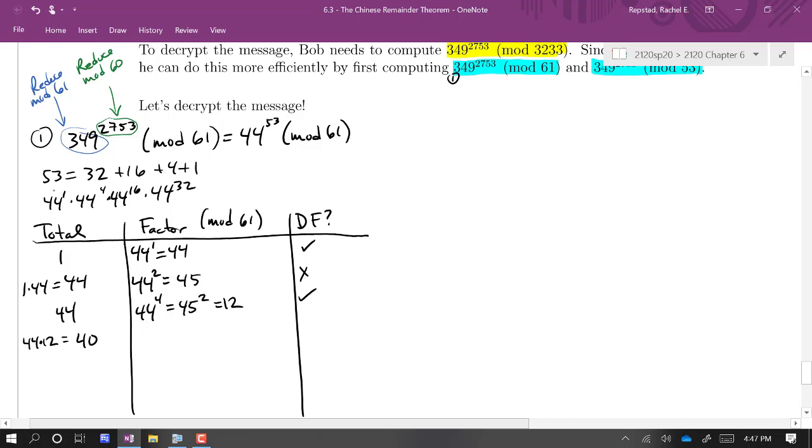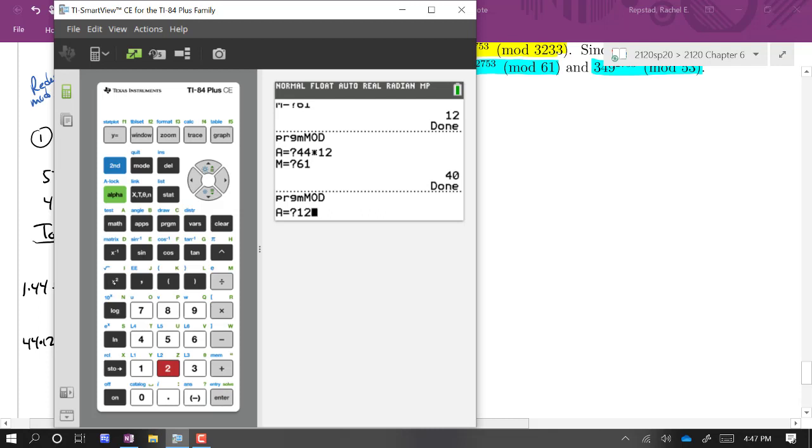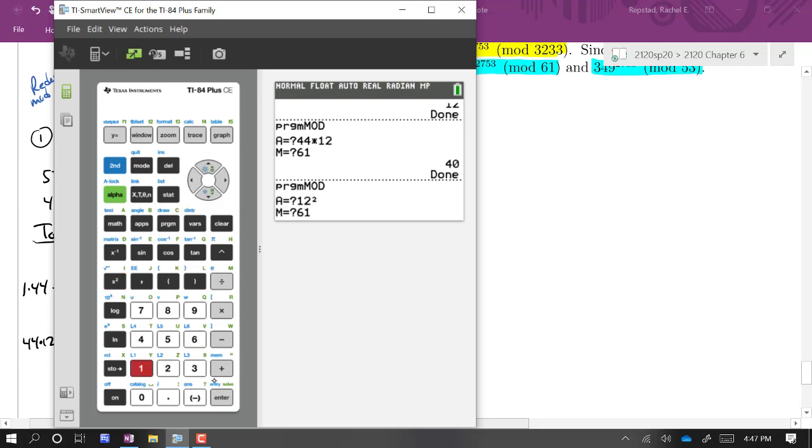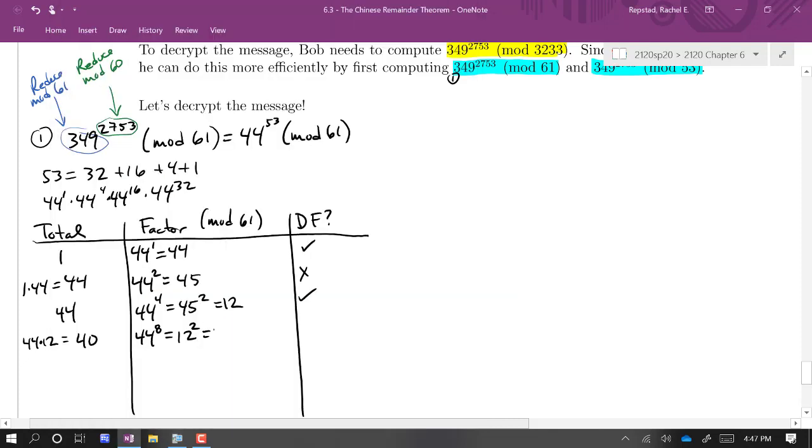Our next factor is 44 to the 8th, which is 12 squared. Reducing that mod 61 is 22. This is not a desired factor, so our total holds at 40.